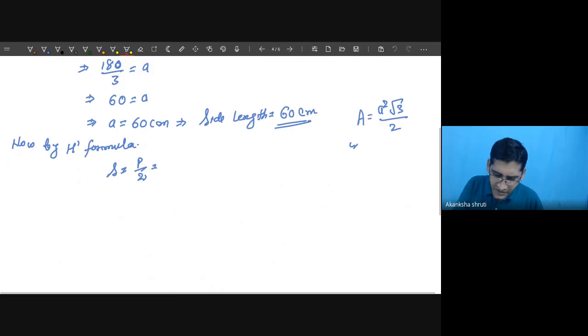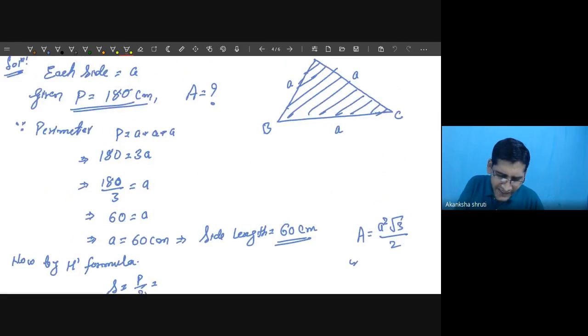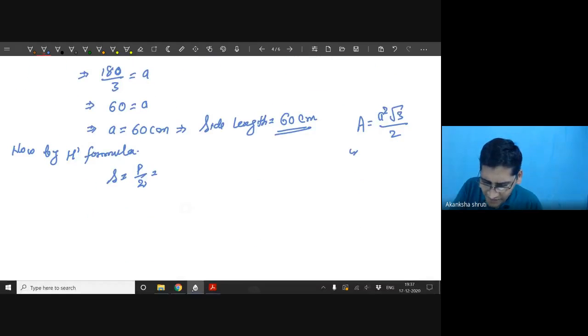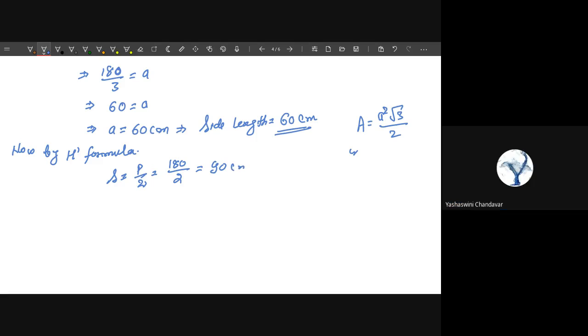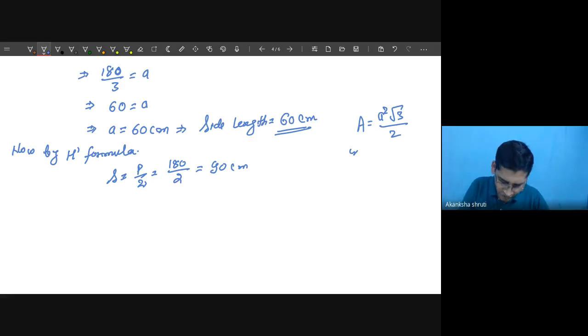Here the perimeter P is given to us as 180. Therefore, directly this 180 can be used here. So 180 divided by 2 becomes how much? 90 centimeter.